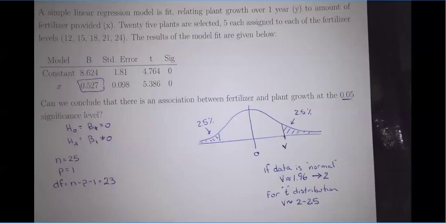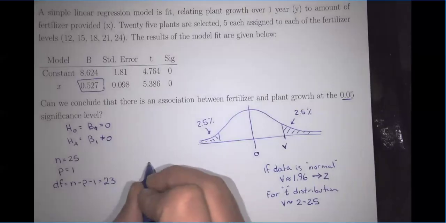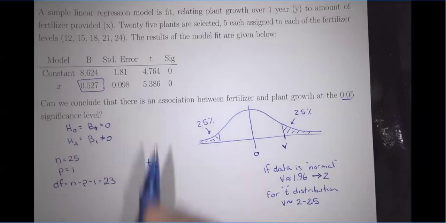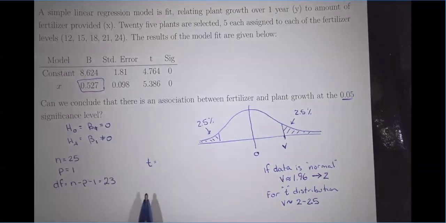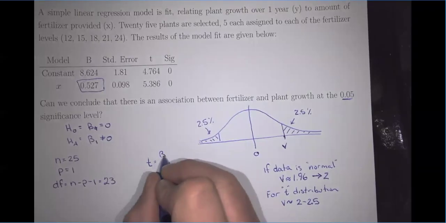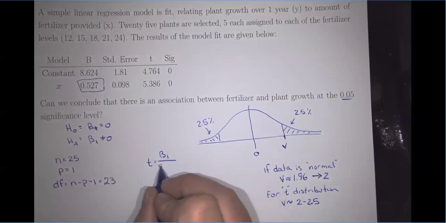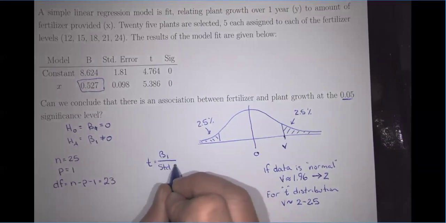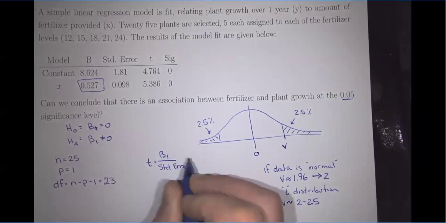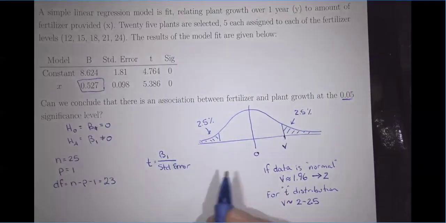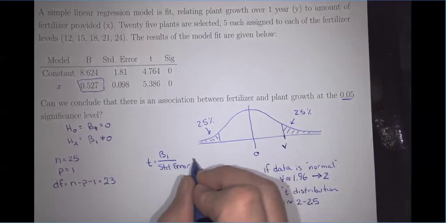So what's our cutoff value here? Well, if we look at our t, we get 5.386. That's the ratio of beta 1 over the standard error. Right? It's 0.527 divided by 0.098.